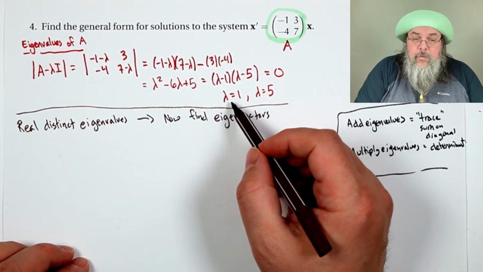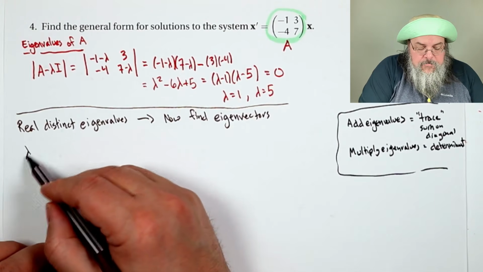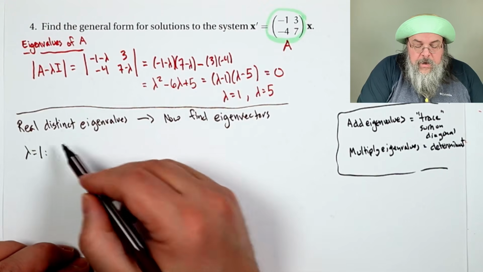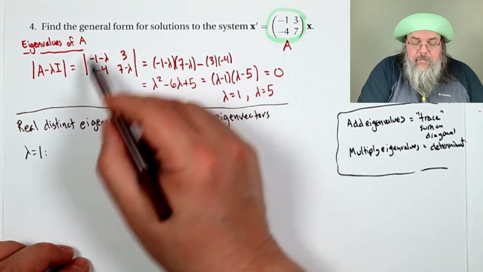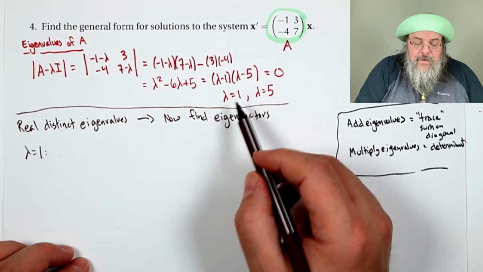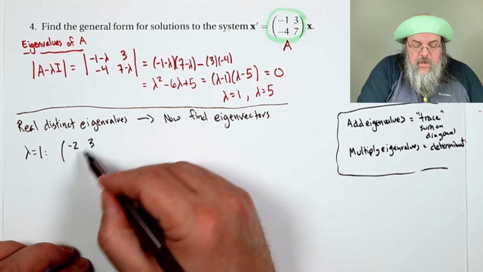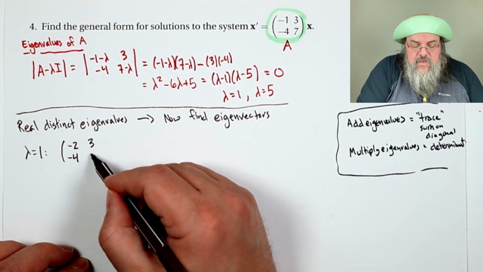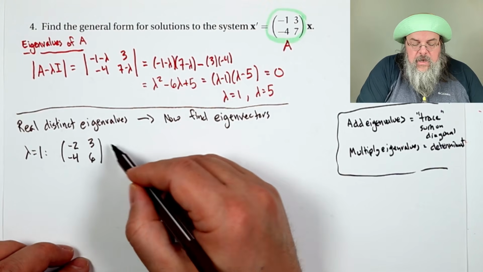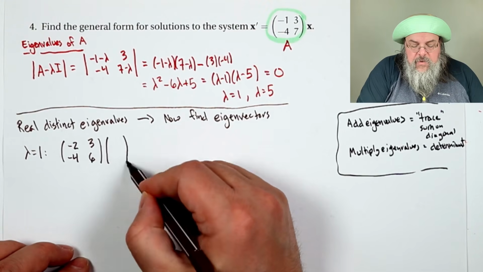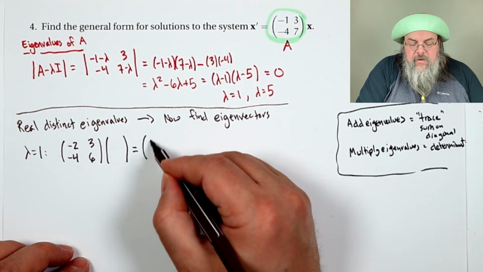Let's start with 1. So we're going to start with lambda equals 1. I'm going to take this matrix A minus lambda I and put in 1. So if we do that, we get minus 2, 3, minus 4, 6. And what we're looking for is something that when we multiply gives us 0, 0.